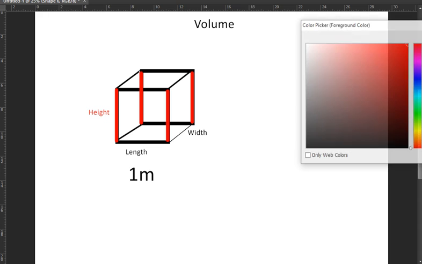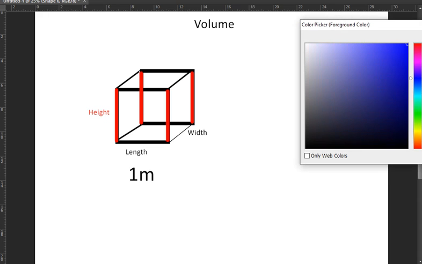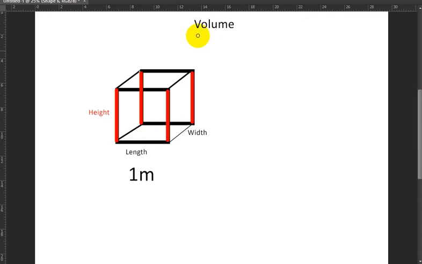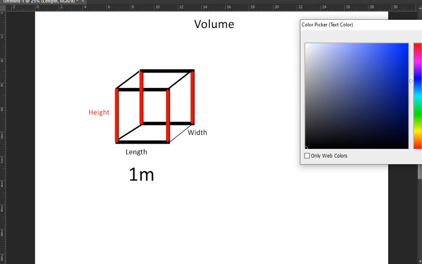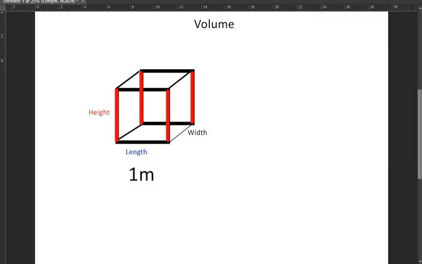Next up, the lengths. I'm going to make them blue. And you know what? Let's make the word blue as well. Again, you should be writing this down. This will be necessary.